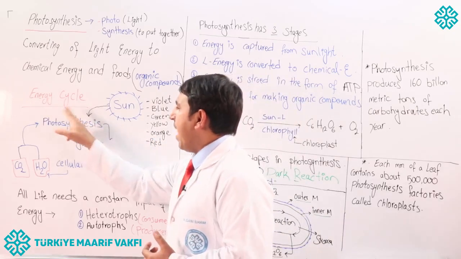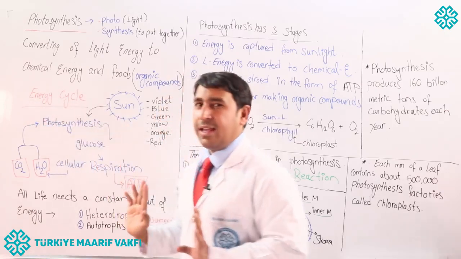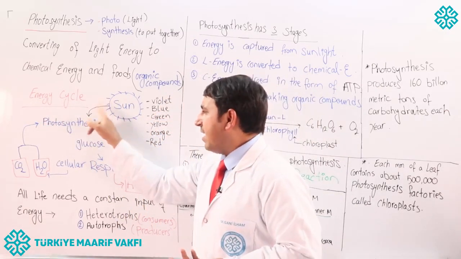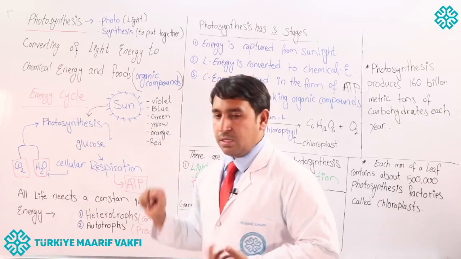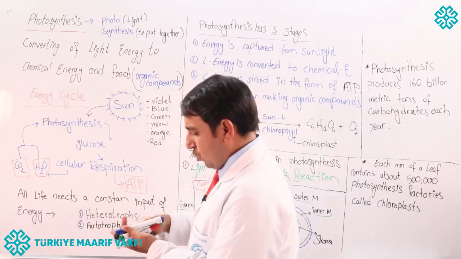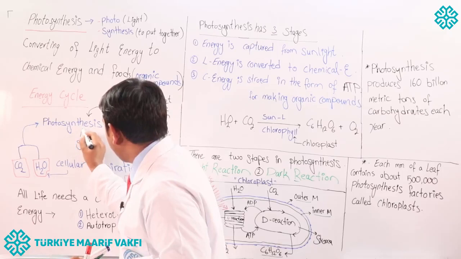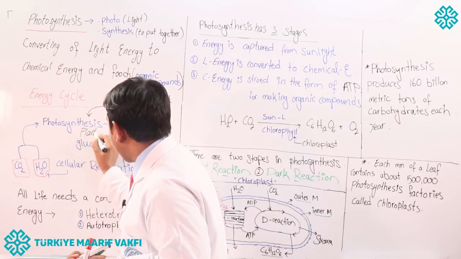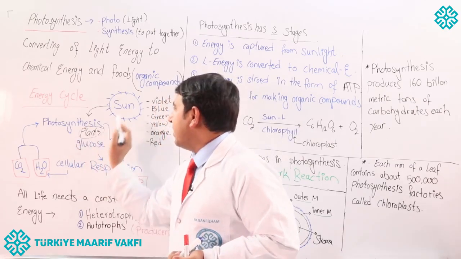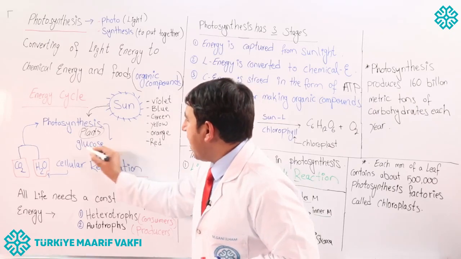So, we have here a cycle of energy that is called the energy cycle. How is it? From the sunlight, the energy is coming to plants. The plants convert this sunlight energy to chemical energy and food.